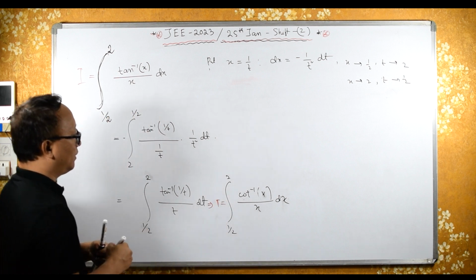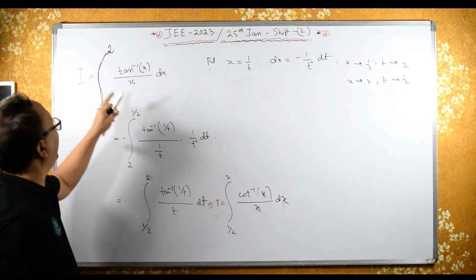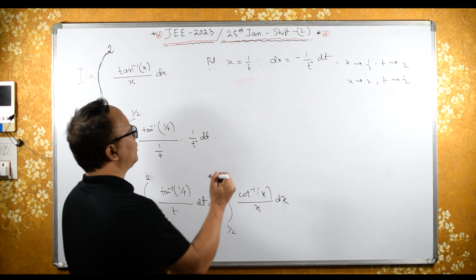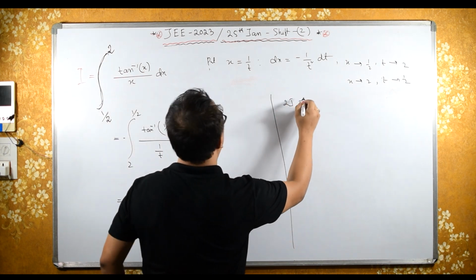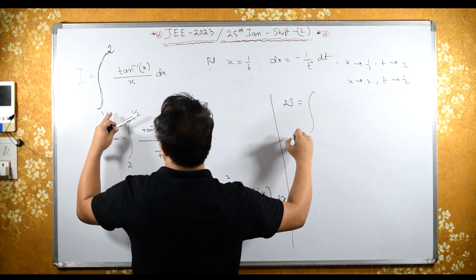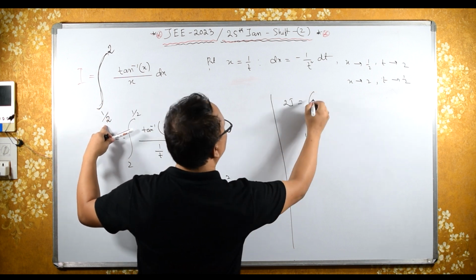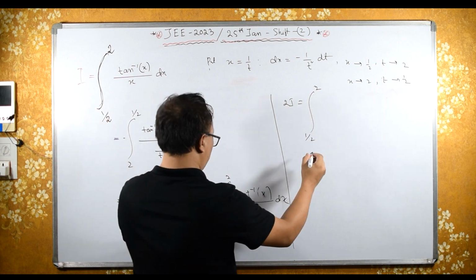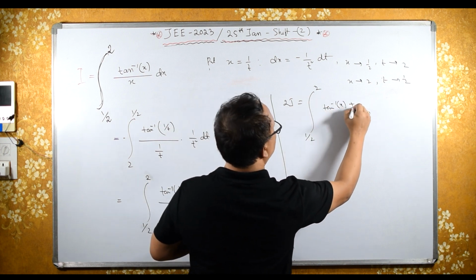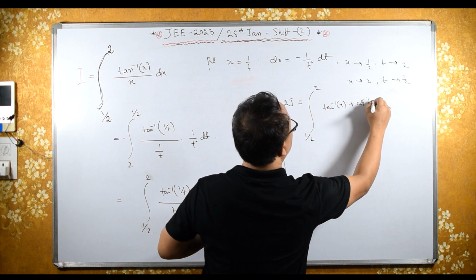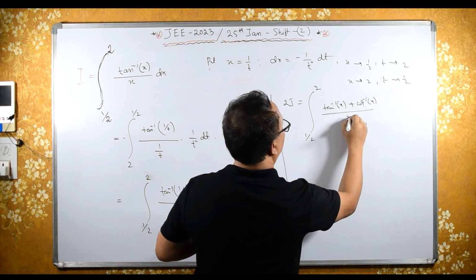Now if I add these two, what I get is twice I equals, on the right hand side, limit from half to 2, tan inverse x plus cot inverse x upon x dx.